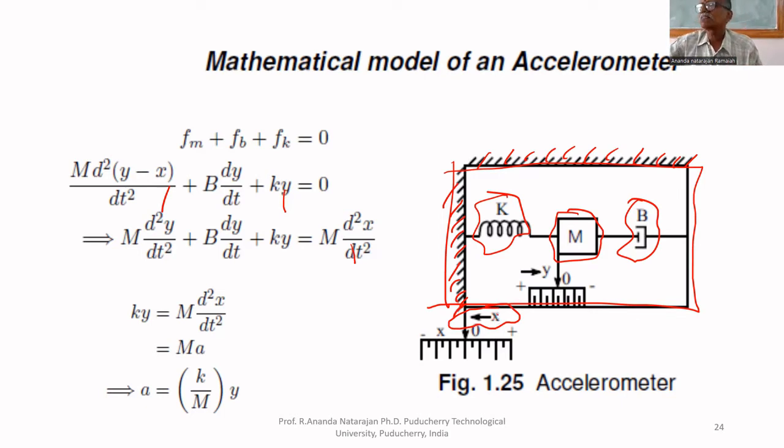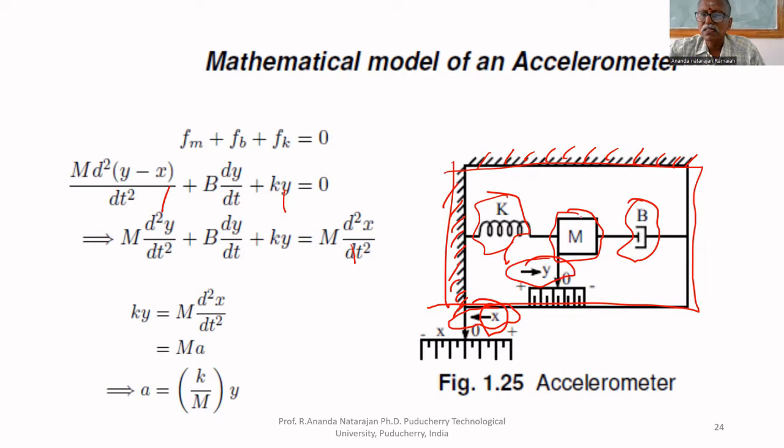Its displacement is x. It is attached to, let us assume, a car. The displacement of that car is x. Now we have to find the acceleration of that car, which can be found from this y.